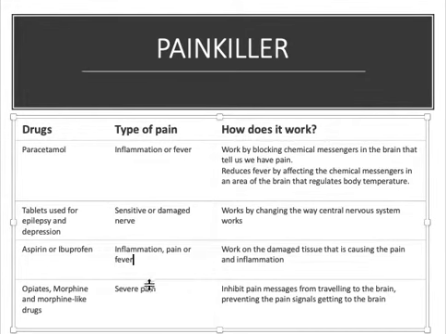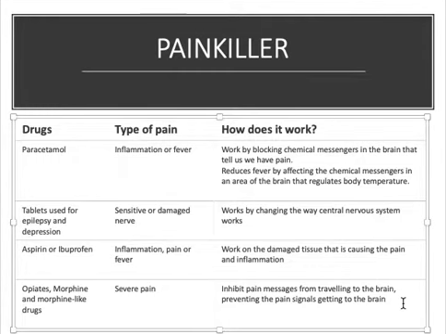Okay, now if you have severe pain, they will give you morphine, they will give you opiates. Okay, this is stronger. It inhibits pain messages from traveling to the brain, preventing the pain signals getting to the brain. Now, do you remember gate control theory, where the pain you perceive depends on whether you open or close the gate.